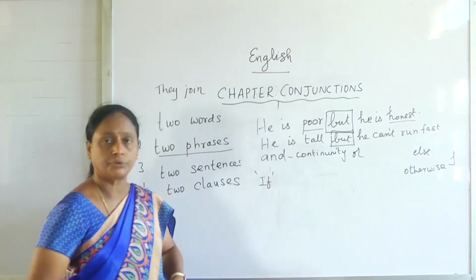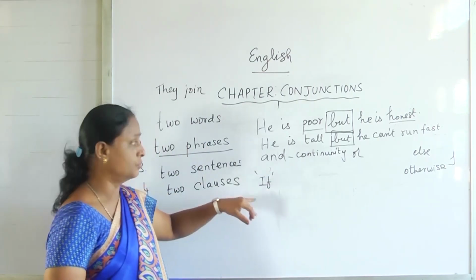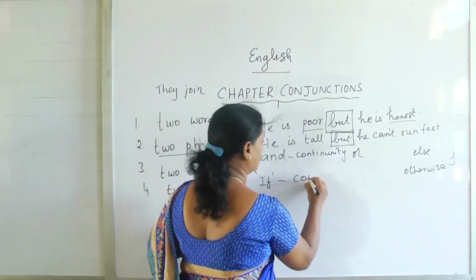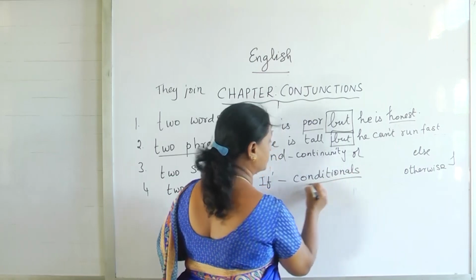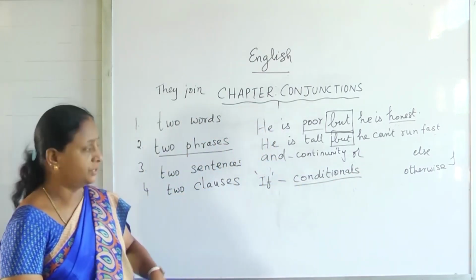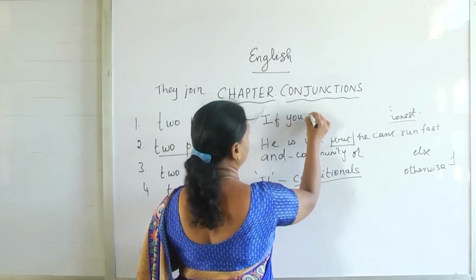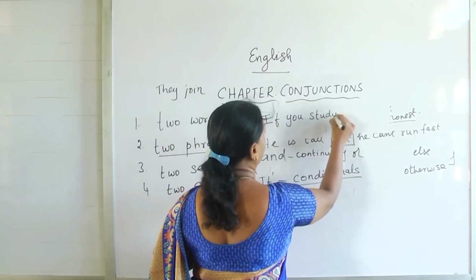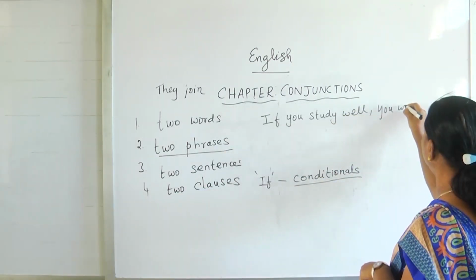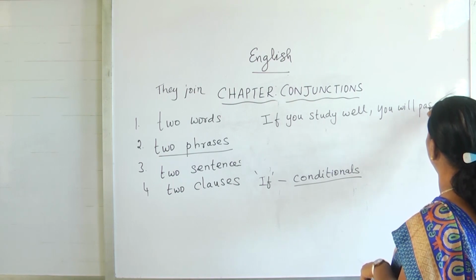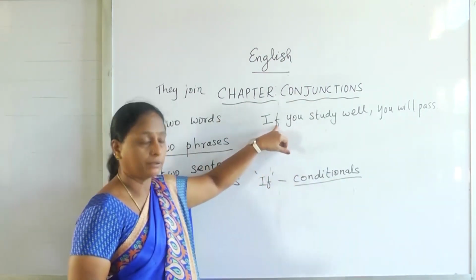Where do we use this if clause? When do we use this? If always shows conditions. It is a conditional conjunction. Conditional conjunction means, if you study well, you will pass. See here, it's an open statement.